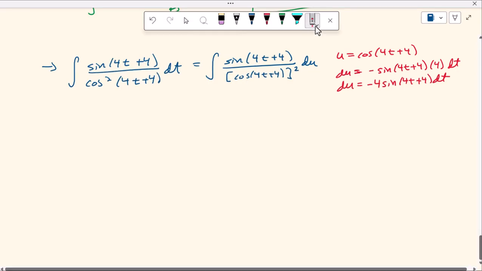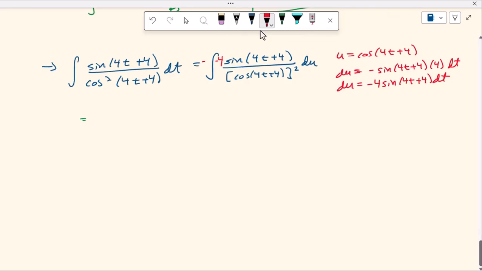So just to review one more time, the derivative of the cosine of u is negative sine of the argument, and then I have to take the derivative of the argument, which is 4. So let's make these substitutions and see where we're at. It looks like to me that we need a negative 4 on the inside to make this work. So if I multiply by a negative 4 on the inside, I have to compensate on the outside with a negative 1/4.